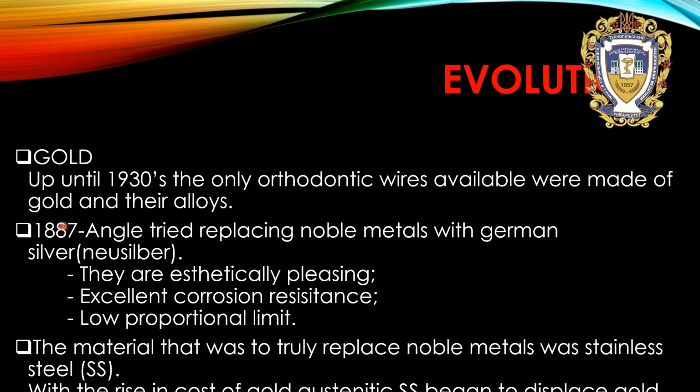In 1887, Angle tried replacing noble metals with German silver, called new silver: aesthetically pleasing, with excellent corrosion resistance, and a low proportional limit. The material that was to truly replace noble metal was stainless steel.